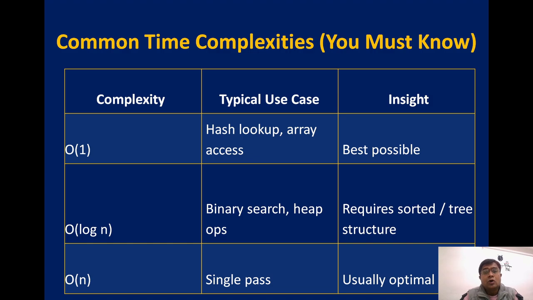Whenever you are talking about a sorted or tree structure, the complexity is O of log n, basically binary search and heap ops. And the third complexity is O of n. It's a single pass, and usually optimal. So you should always look for a single pass or O of 1 type of complexity.